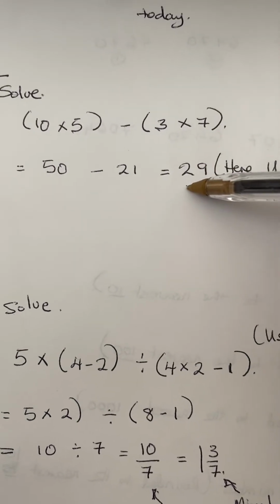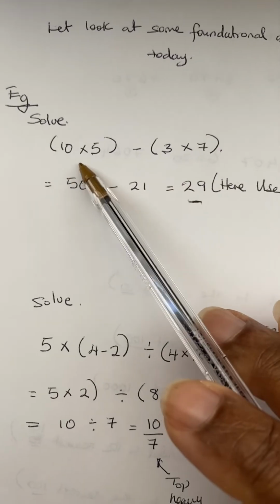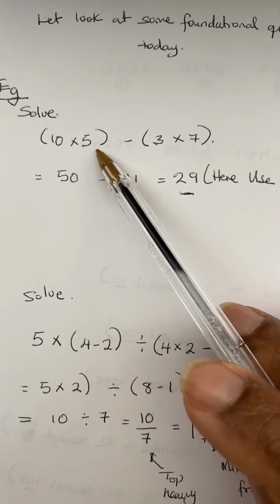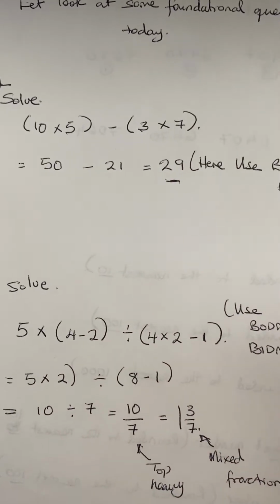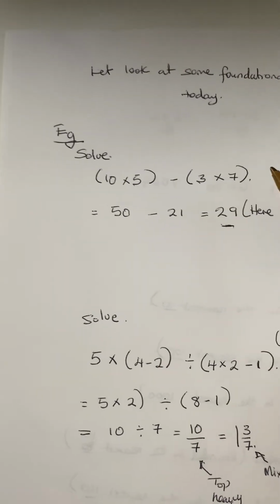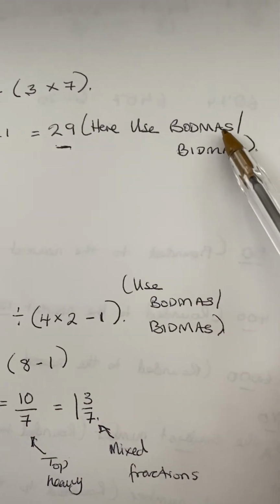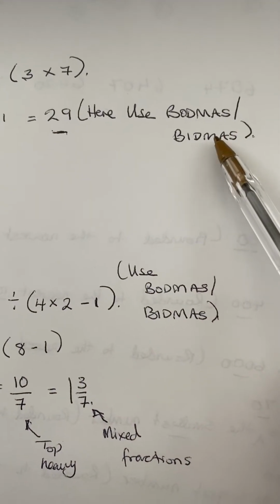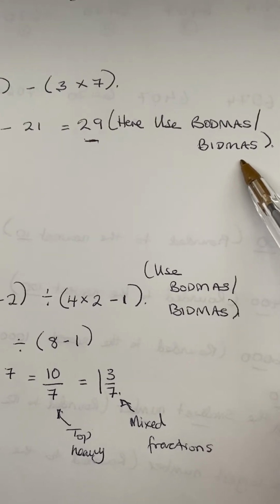So that will be your answer here. If you start solving 10 times 5 minus 3 times 7, you are going to get a different answer. Don't do that. When you see this kind of question, you should straight away start thinking of BODMAS, as we discussed in one of our videos.